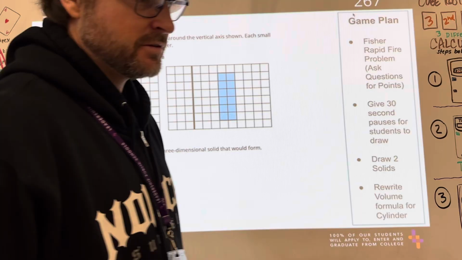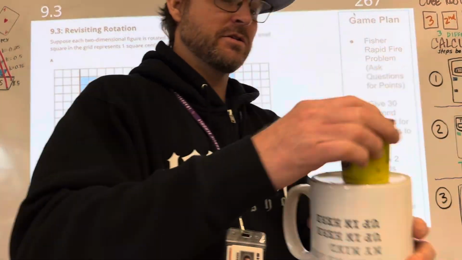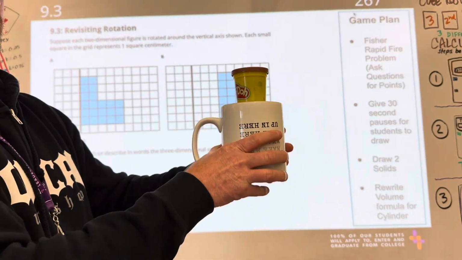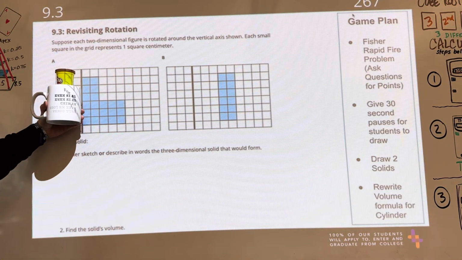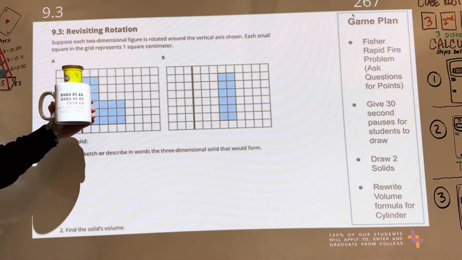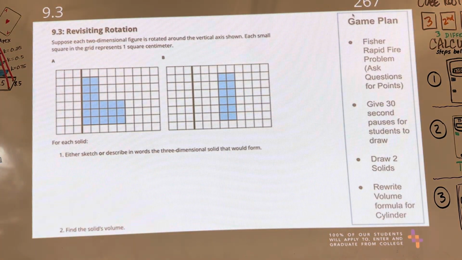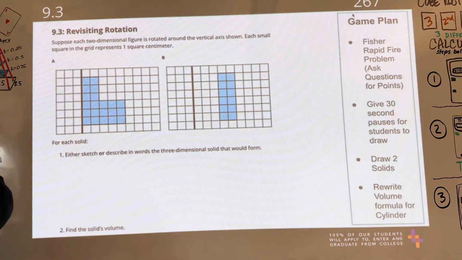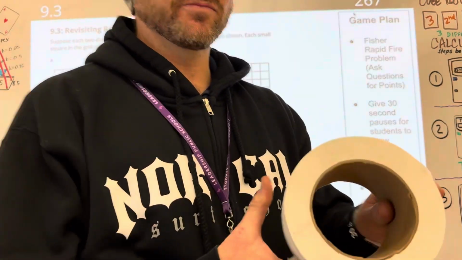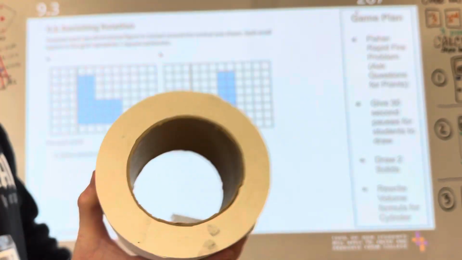Let's see. The first one is going to be 2 cylinders on top of one another. Can you see how that would be like 2 cylinders on top of one another? The second one is going to be like a toilet paper roll with like a missing area in between.